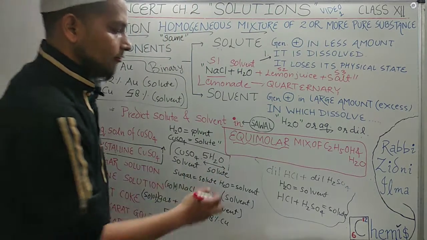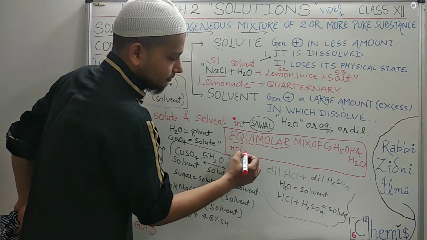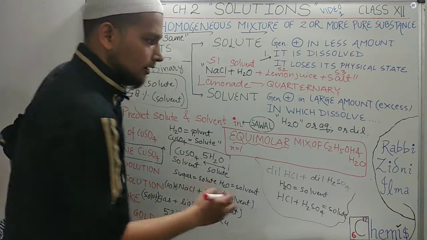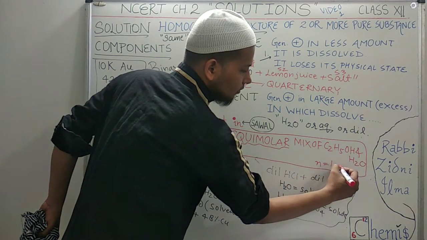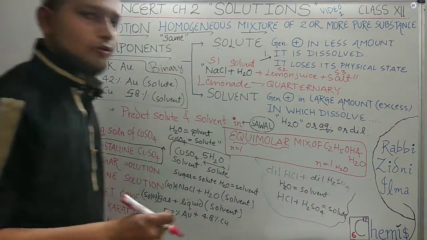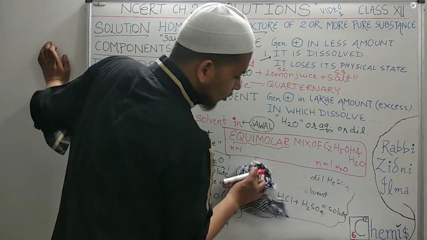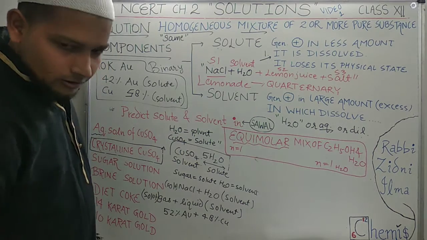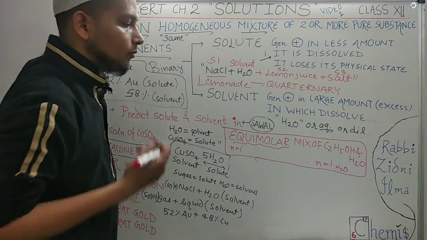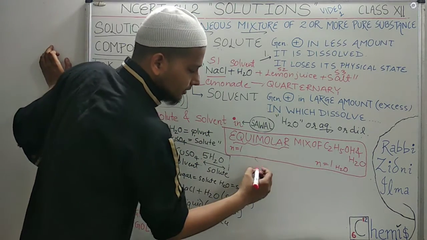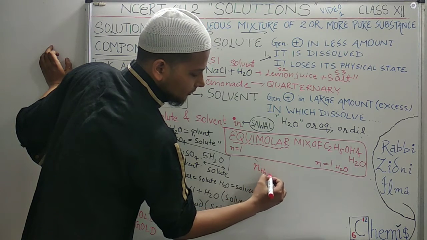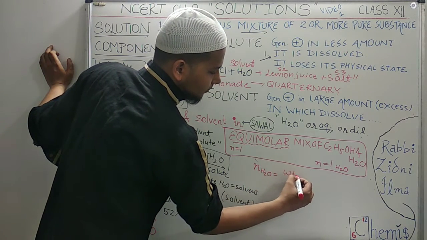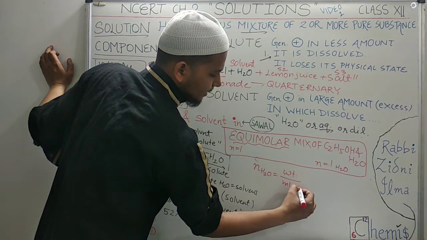So let us consider 1 mole of alcohol and 1 mole of water. Which will be in excess and which will be in a small fraction? Now coming back to class 11th, mole concept. What does it say? Number of moles equals weight upon molecular mass.